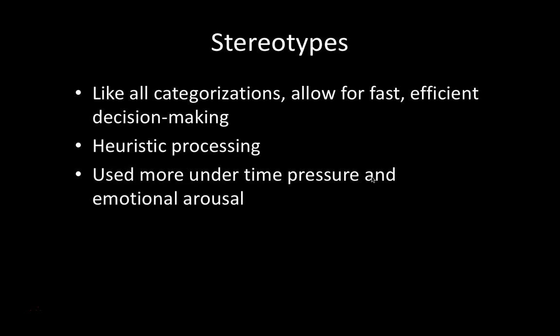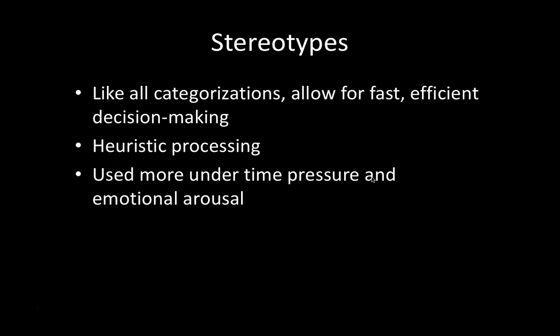Now, like all categorizations, if we form a categorization, whether or not it has a kernel of truth, we apply it to everyone. Stereotypes allow us to make fast, efficient decisions. So rather than thinking through and analyzing an individual and getting all the information, when we have to make a quick decision, we may rely on our stereotype.